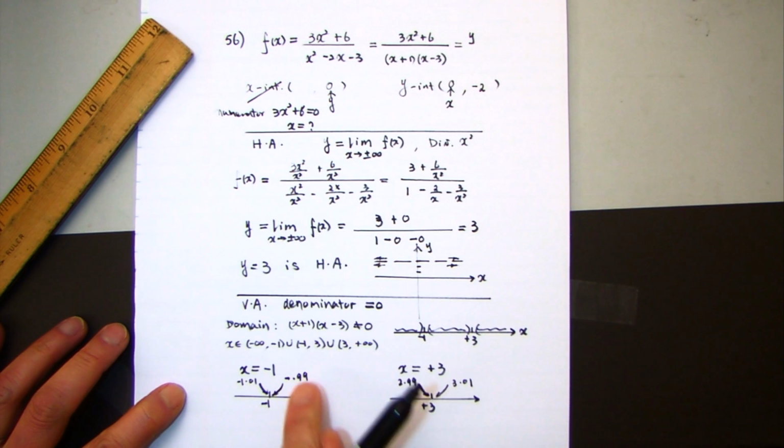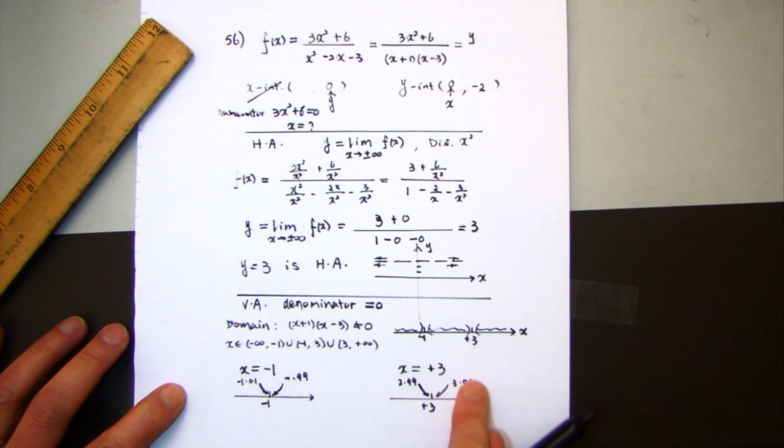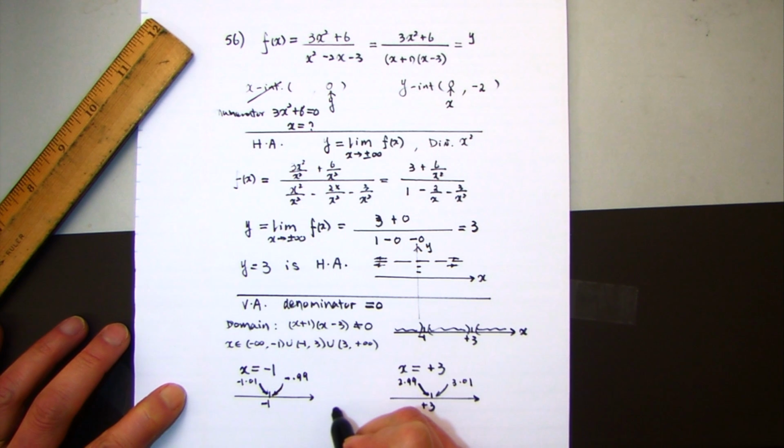Right, left, right, left. Last part: if you have a constant divided by a tiny small number close to 0, that's going to get close to either positive or negative infinity.